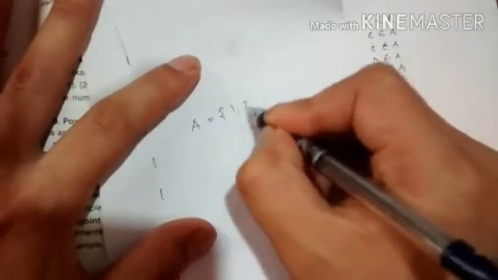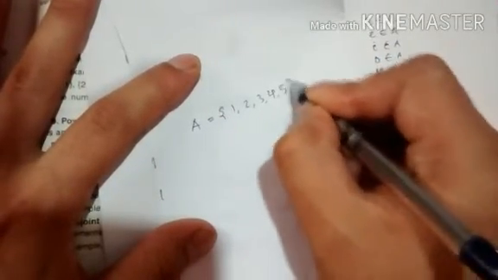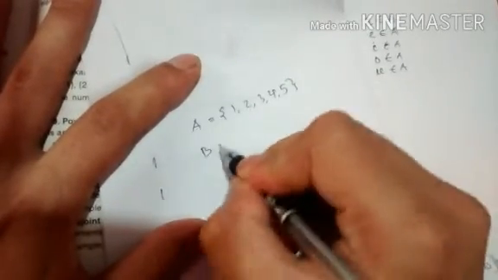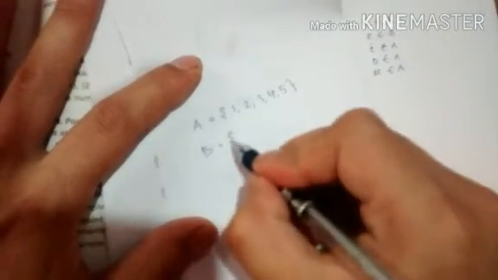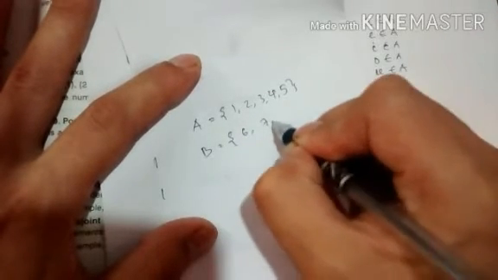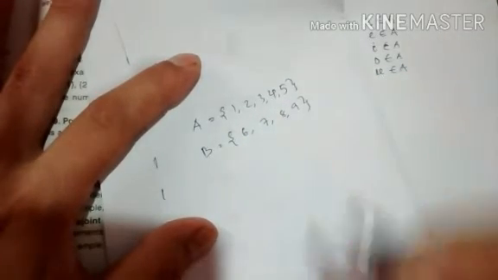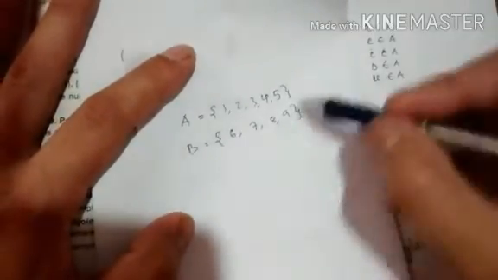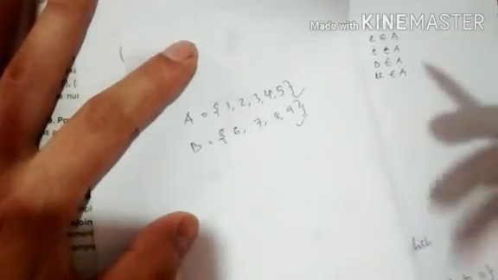For example, A is a set of numbers between 1 to 5, let's say 1, 2, 3, 4, and 5. B is a set of numbers, 6, 7, 8, 9. For example, so distinct, right? It helps us to distinguish.